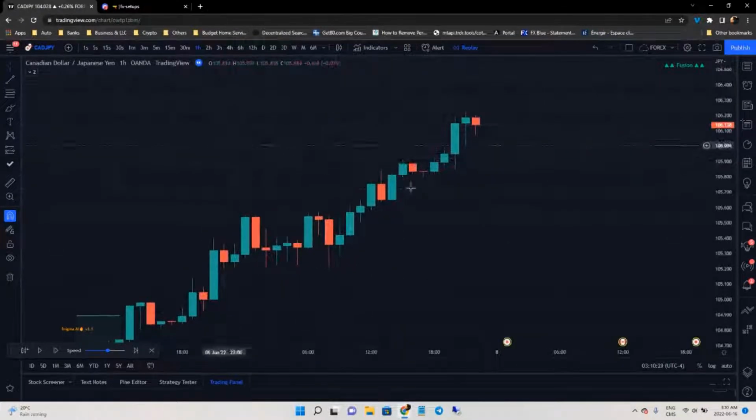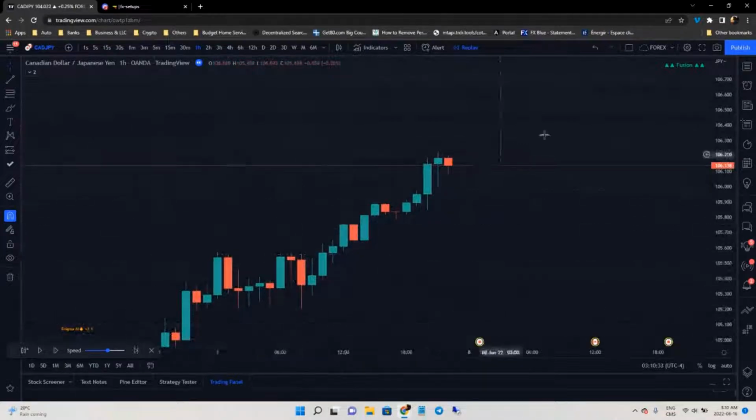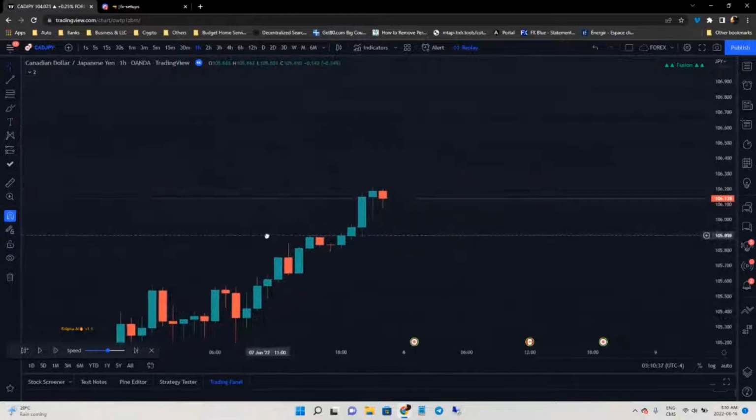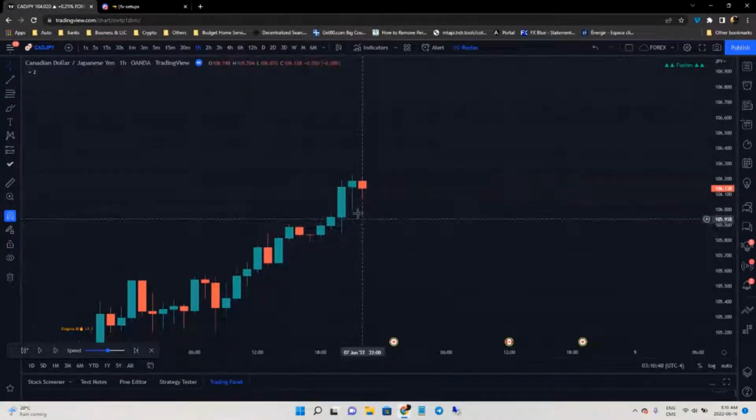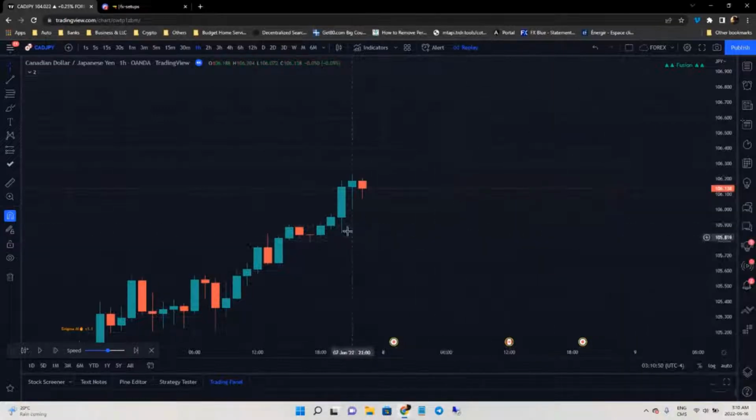If we look at CADJPY, for example, we were going on an uptrend. The 7th, I think, when was that? That was Tuesday. Right there is giving me an indication that we're in a bullish market.